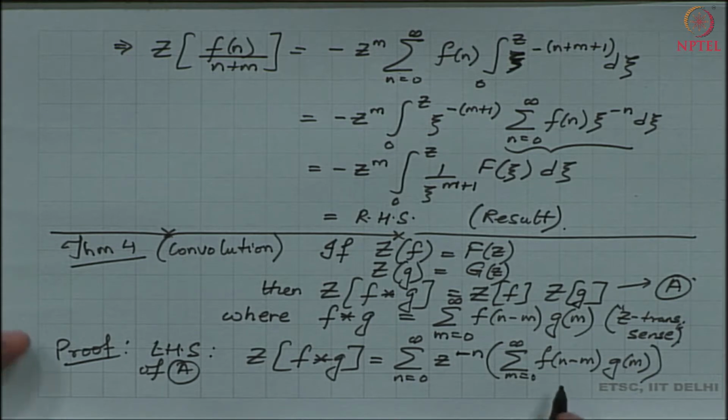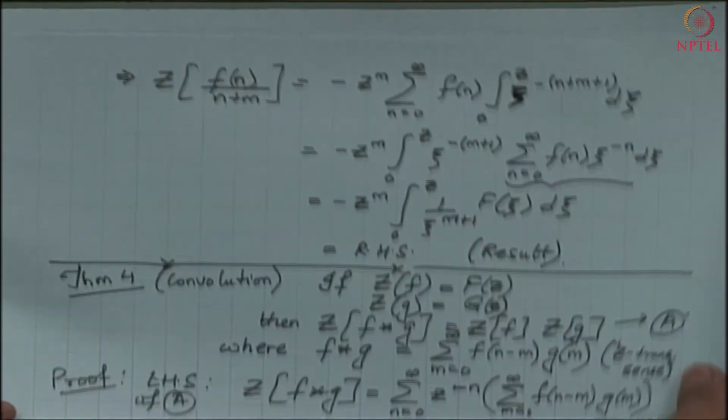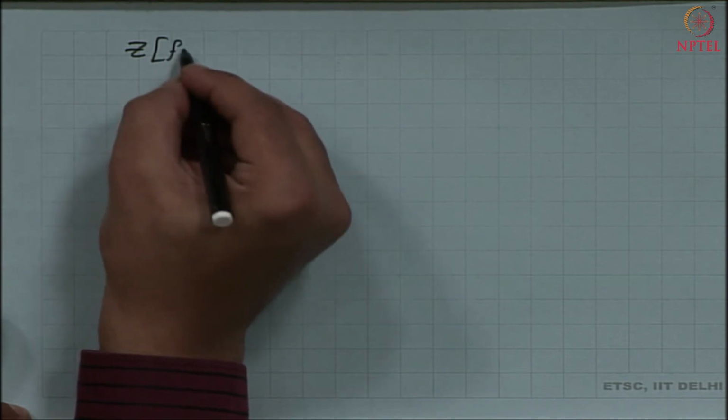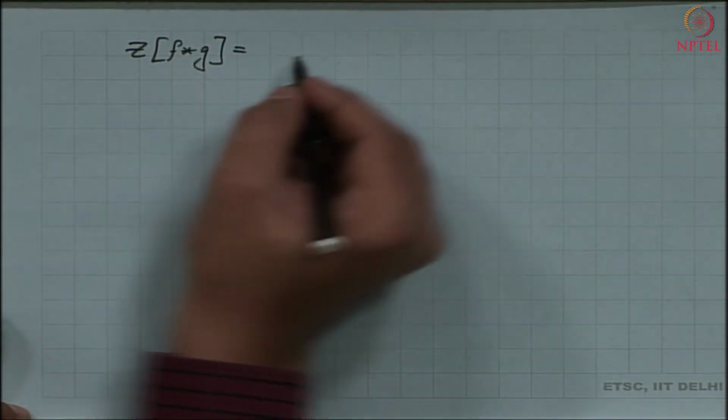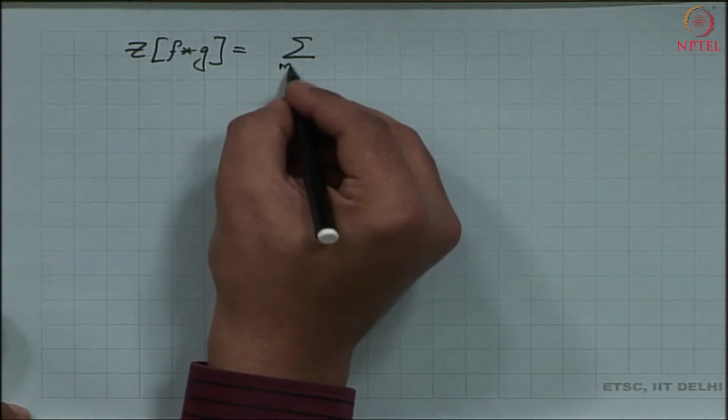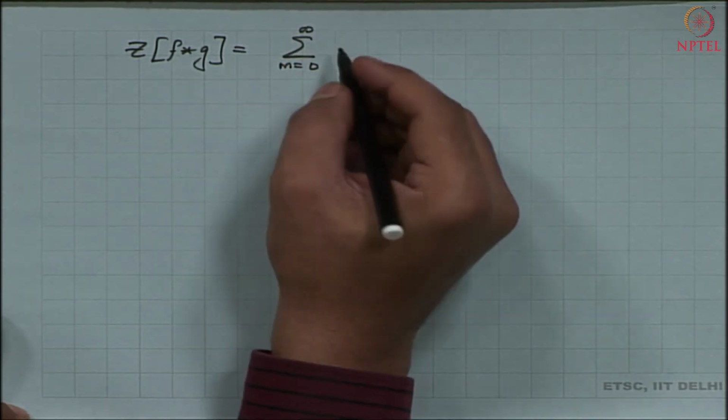Let me then interchange these two summations. I am going to take the m summation out and the n summation in. So, the z transform of f convolved with g is the summation m from 0 to infinity.